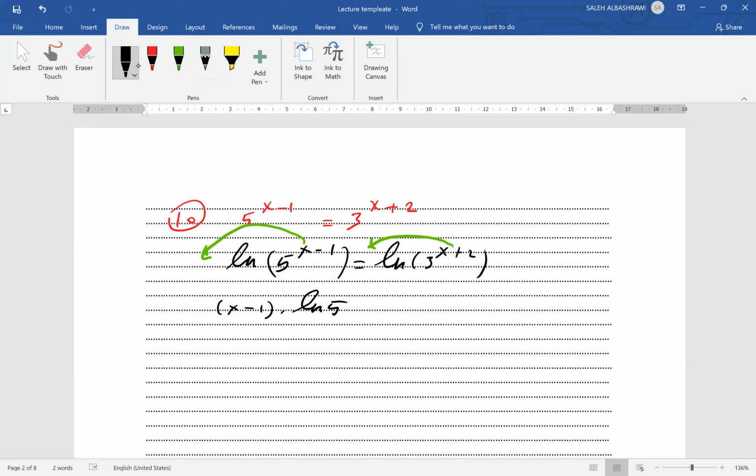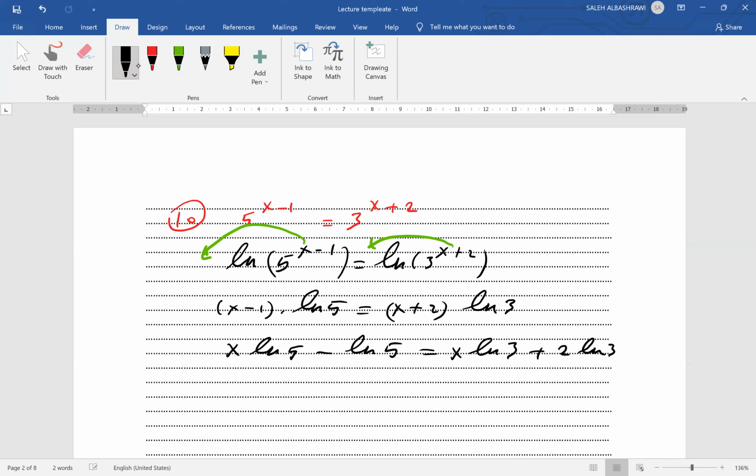This is two terms, equal to x plus 2 multiplied by ln 3. Now open the bracket. I will have x ln 5 minus 1 times ln 5 equal to. Open the bracket in the right hand side. I will have x ln 3 plus 2 ln 3.